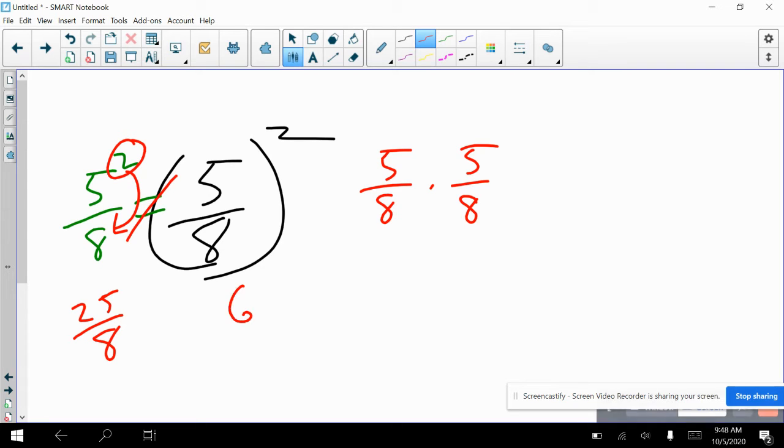This would be no different if we said 6 squared. Doesn't that look like 6 times 6? Okay, it doesn't matter whether it's a fraction or a whole number. Whatever is inside of the parentheses is squared.